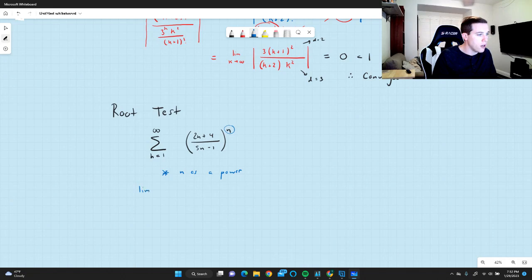So you take the limit as n approaches infinity of the nth root of the inside with the nth power. And the reason is these just cancel. So the nth root and the n cancel. Essentially, you're just going to take the limit as n approaches infinity, ignoring the power outside and just looking at this series.